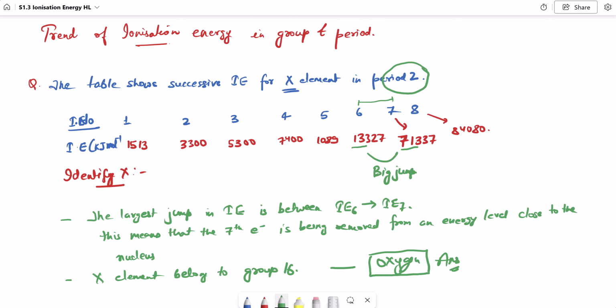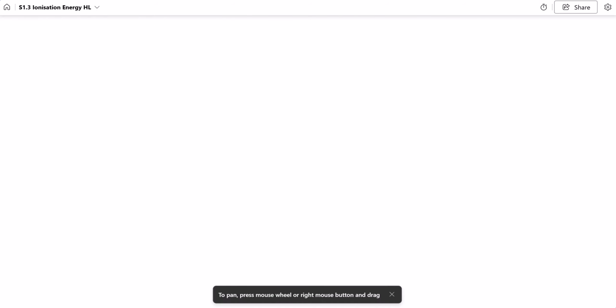Ionization energy shows periodicity. They follow a kind of trend. Let's talk about that. When we say periodicity, the meaning is that a kind of trend is being followed.